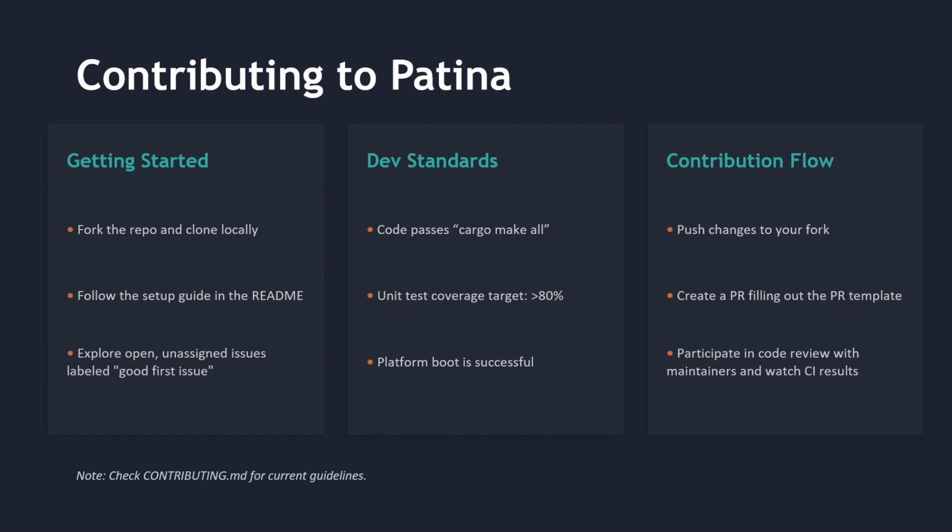For dev standards, cargo make all is the main way that we wrap a lot of our requirements into what needs to pass in the local build. So you should always run cargo make all. Unit test coverage must be greater than 80%. You can check your unit test coverage locally using llvm-cov. We support that with the cargo make command as well.